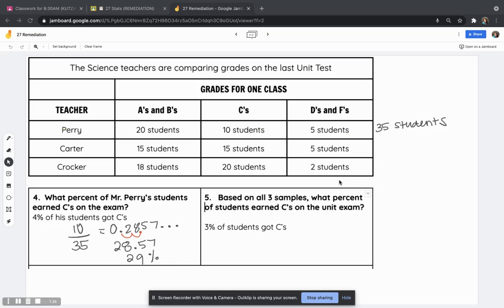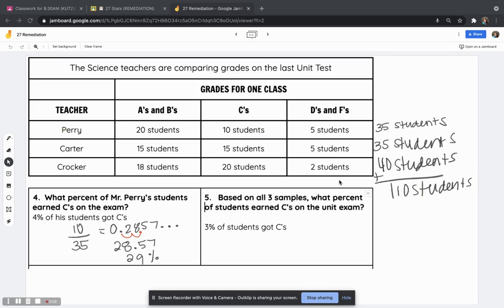So if I add that up, that's also 35 students. And then for Crocker's class, 18 students got A's and B's, 20 students got C's, and 2 students got D's and F's. So if I add that up, that is 40 students. So total, there are 110 students.